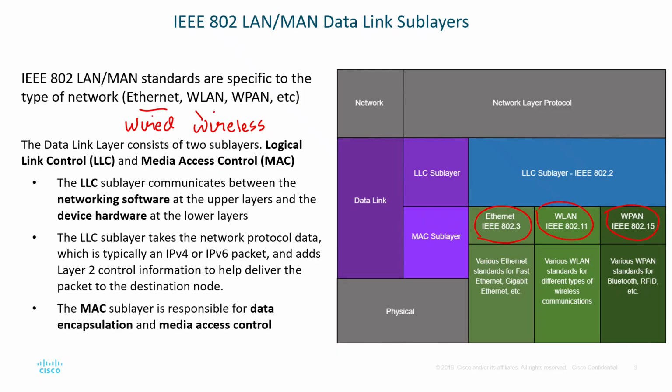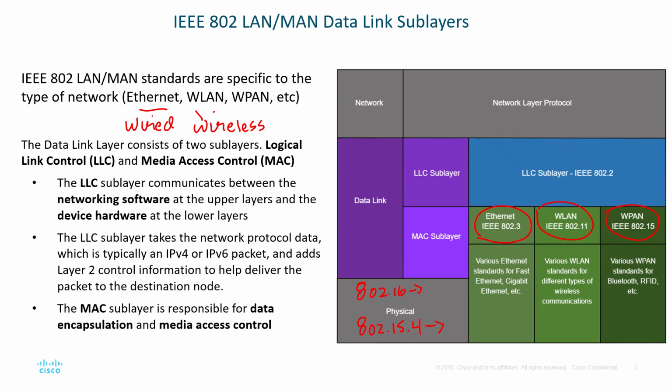Does anybody remember what that one was? We also had 802.16, if you can remember what that one was. And I think 802.15.4. Anybody remember from our past discussions what those are?